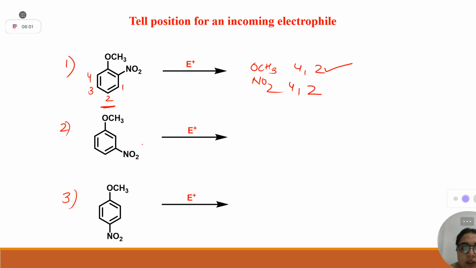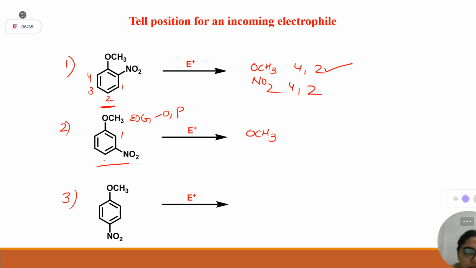Now the second: where will the electrophile come? As per OCH3, before that, is OCH3 electron donating or electron withdrawing? Electron donating. Very good. So it can invite the incoming electrophile at the ortho or para positions.